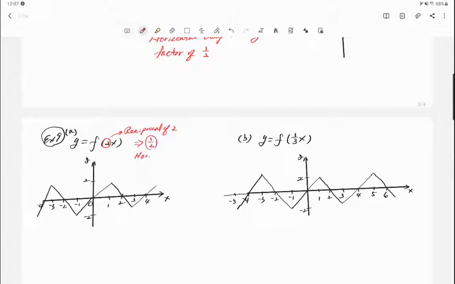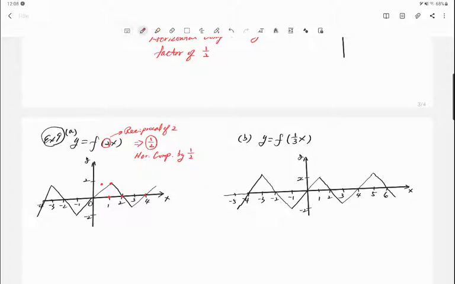But the reciprocal is 1/2, so it is a horizontal compression by a factor of 1/2. So all the x values will be multiplied by 1/2. The x value 1 is reduced by half, so it comes over here, and then this one comes over here, and 4 becomes 2, right?